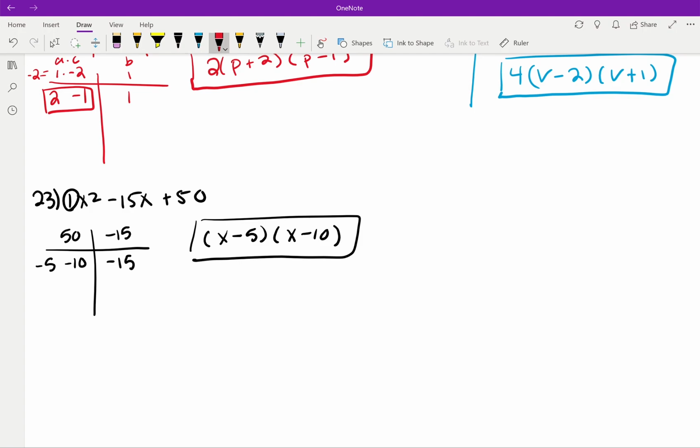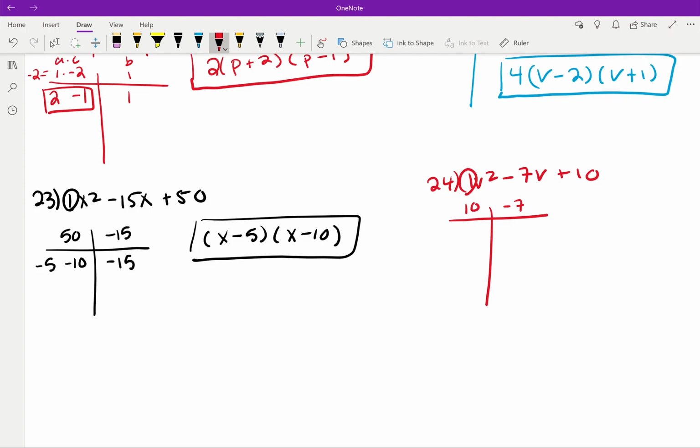Okay, let's look at number 24. Number 24 is v squared minus 7v plus 10. Again, my a value is already 1, so I can go straight to my table. I have two numbers that multiply to 10 but add to negative 7.